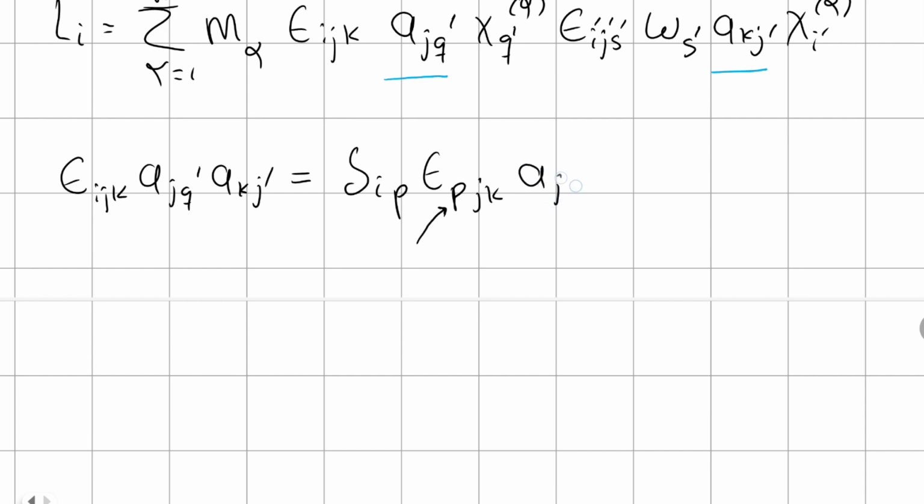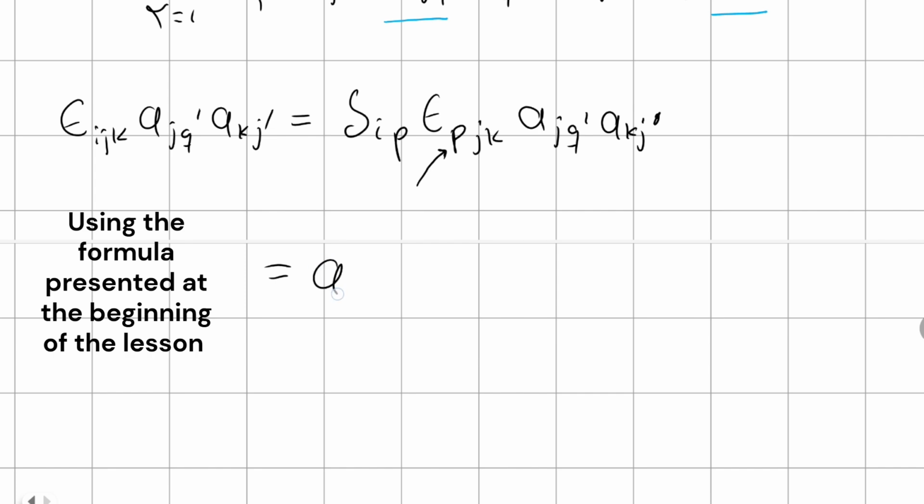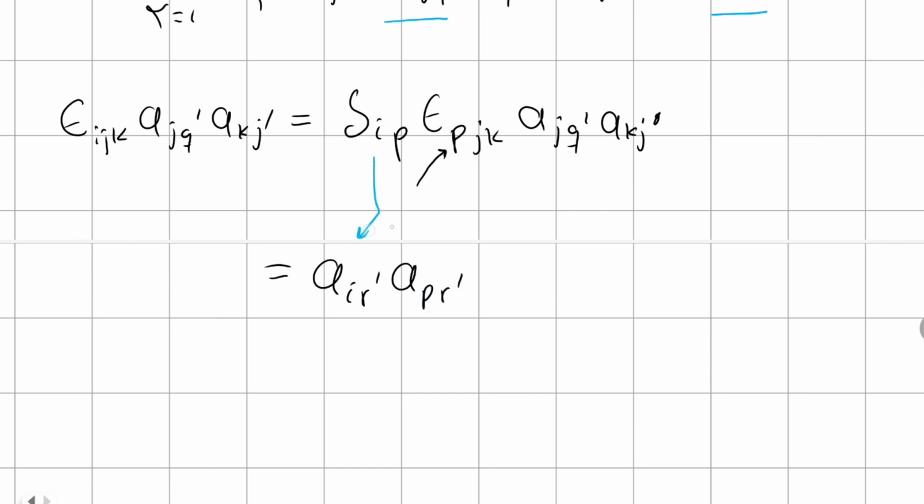So this multiplies A_JQ', A_KJ'. Now we can see this as an element A_IR', A_PR'. This Kronecker delta corresponds to this product over here.